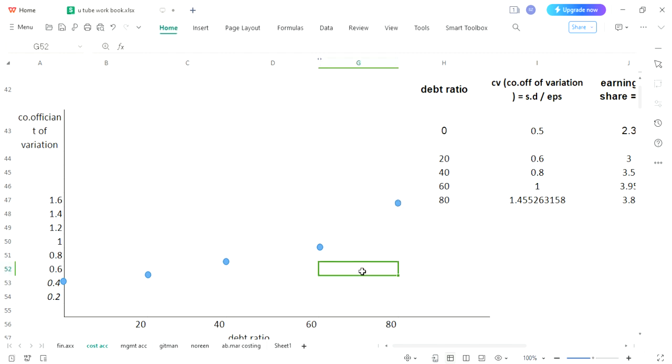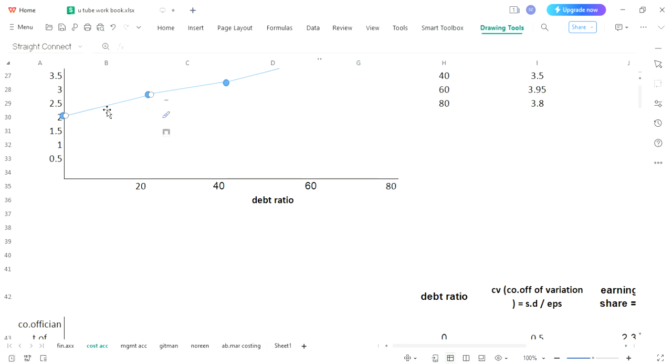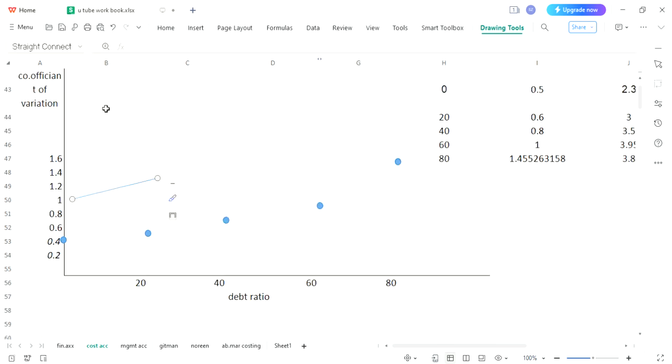Now it's time to join these points. To join, we need a simple line. Let's select this line and we will use it over here. To join, we will match both levels.